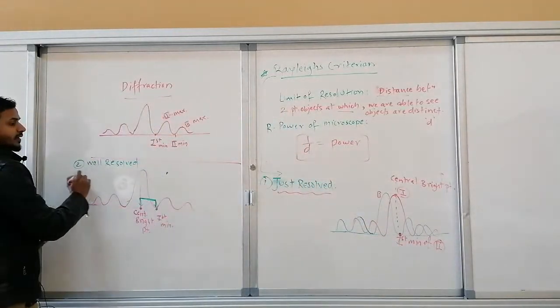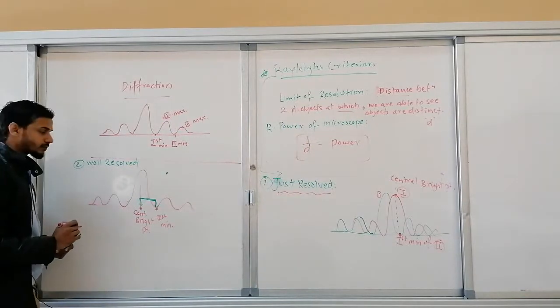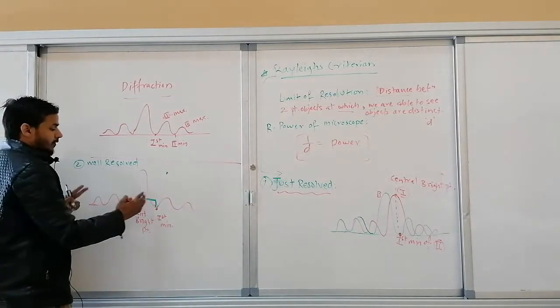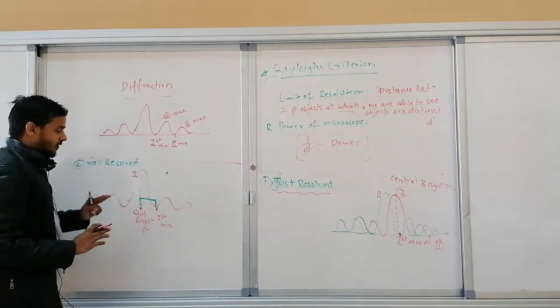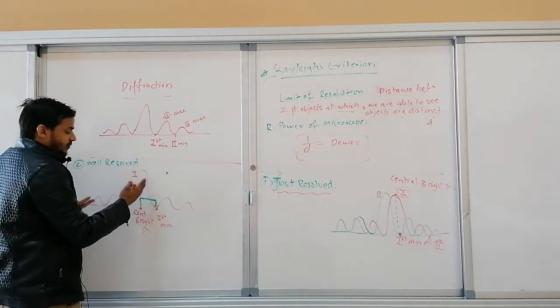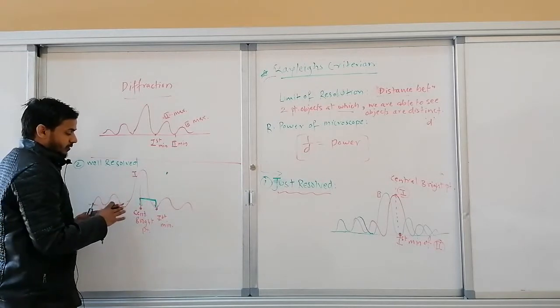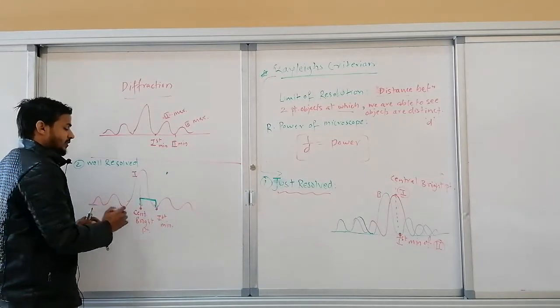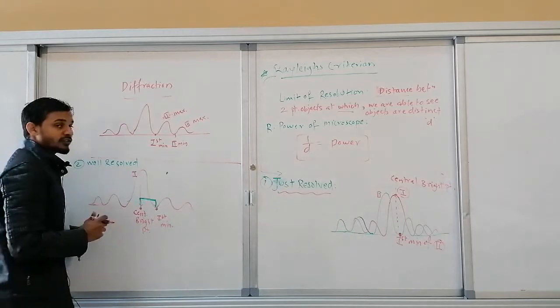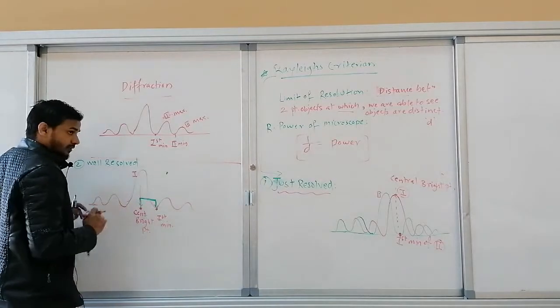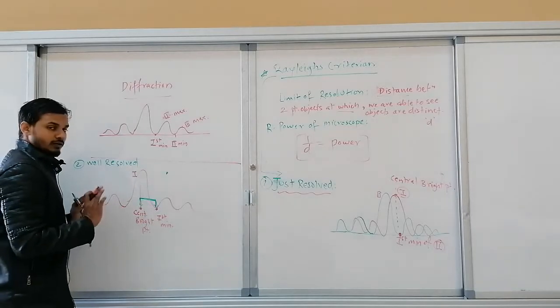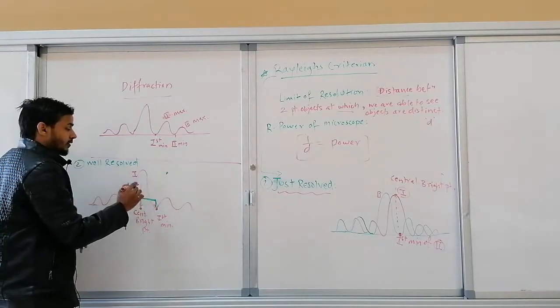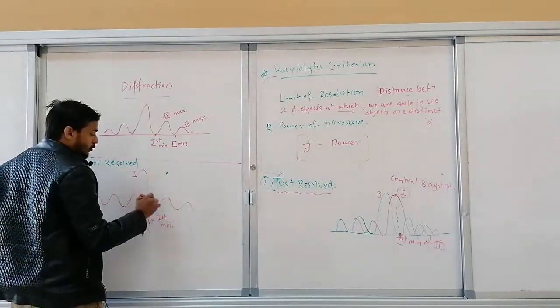Now we will look at well resolved. Here, for example, this is the first, already ready-made. This is the diffraction pattern in terms of graphical representation for the first point object. You know what this is. Now where I am drawing, just know why I am drawing like this.